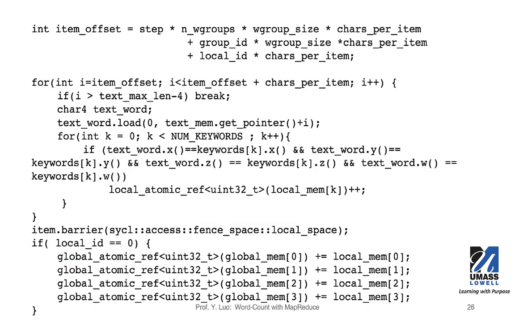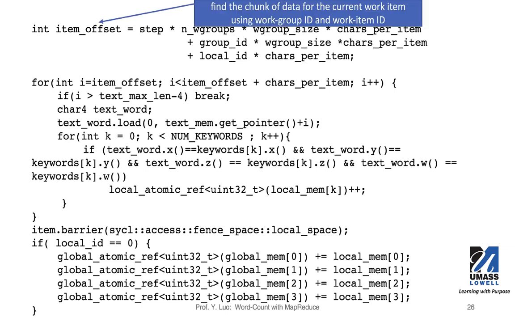So let's take a look at what we have in the lambda function for our work item. First of all, we need to find the chunk of data for the current work item using the work group ID and work item ID. This group ID and local ID represent the work group ID and work item ID respectively. The first part is to define how many iterations we need to go through the whole problem, since we may have a lot more data than the number of work groups and work items, and also the characters processed by a work item.